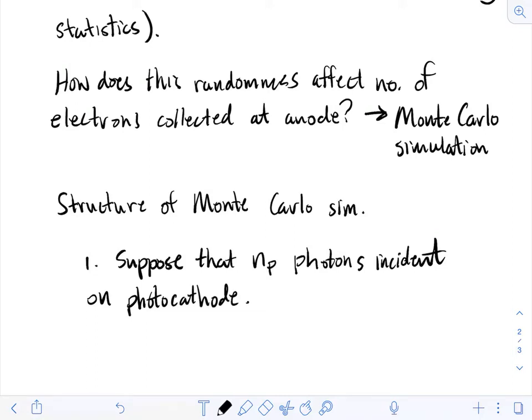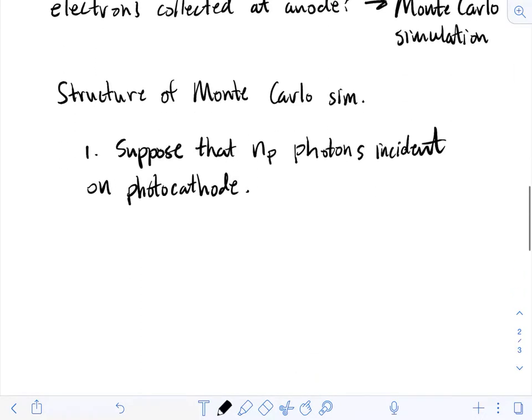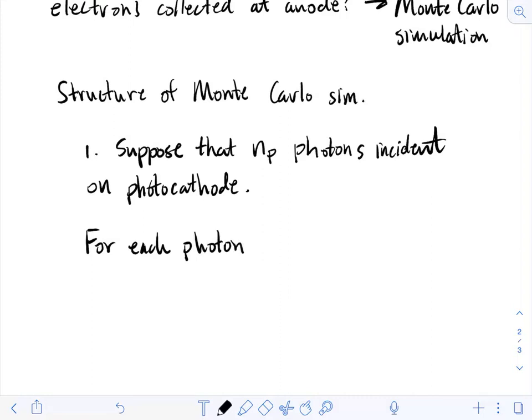And so we have to determine first how many of those photons actually create a photoelectron, and that's determined by the quantum efficiency of our photocathode. So for each photon that's coming in, so if we have 8 of them, we're going to do this 8 times.